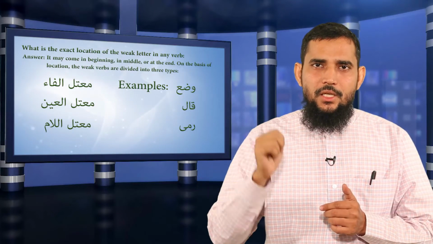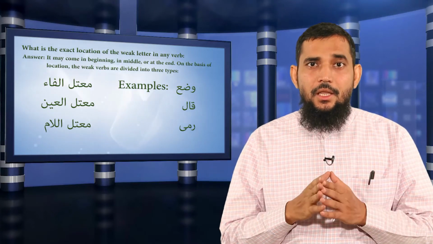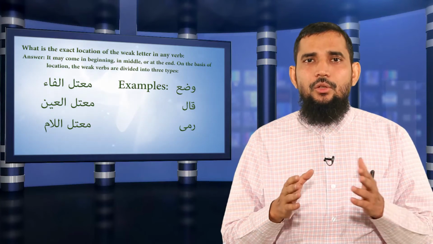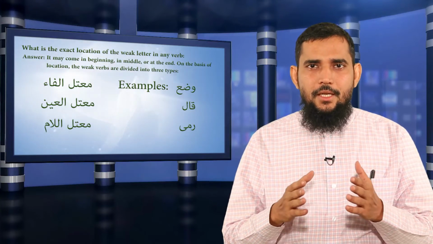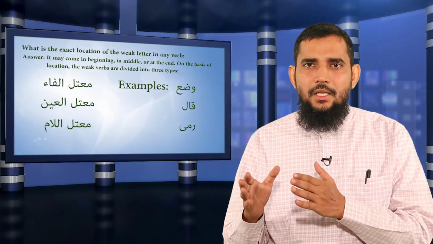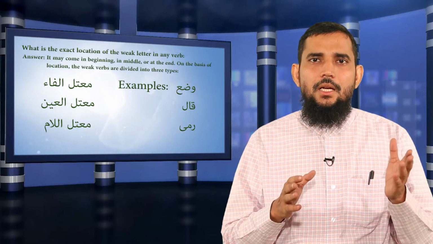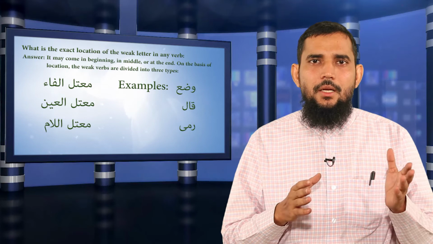Second radical is weak, mu'tall ain. Third radical is weak, mu'tall lam. Examples: waza'a, waw; qala, alif; rama, ya.